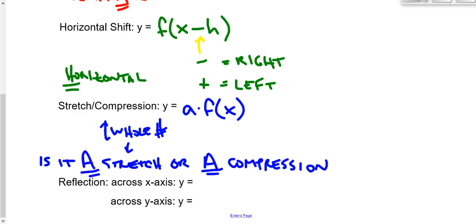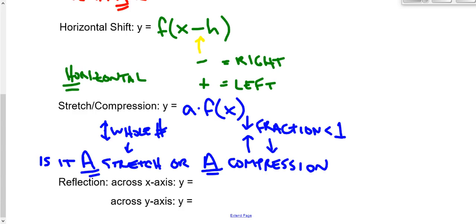And the way that we can know if we're compressing, which is the same word as squishing, so it's getting smaller, is if we multiply by a fraction, because multiplying by a number that is smaller than 1, a fraction that is less than 1, is a very sneaky way of dividing, and dividing makes things smaller. So that is going to compress, and compression means up and down. We are going to squish this function together to make it smaller, up and down, okay?